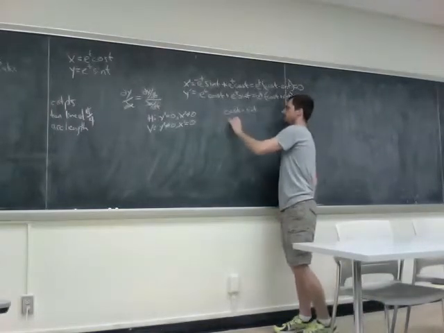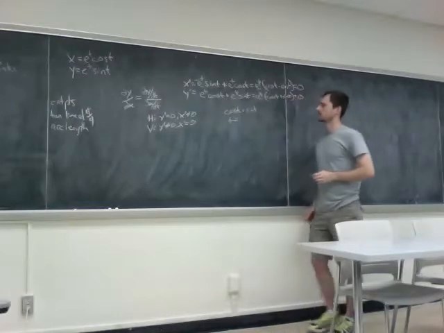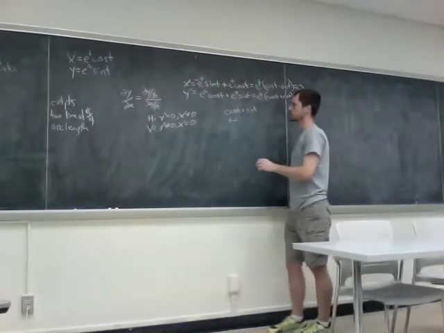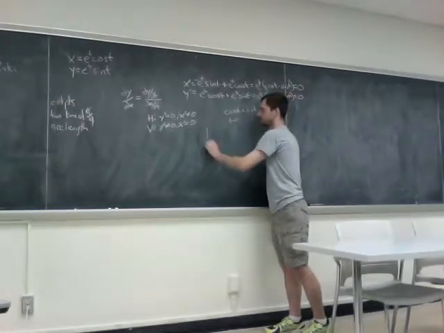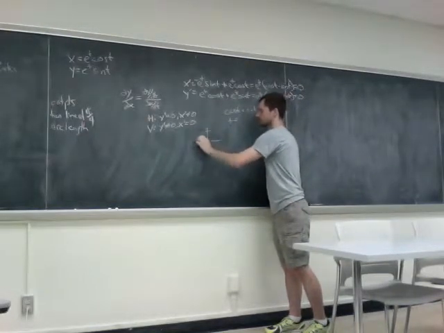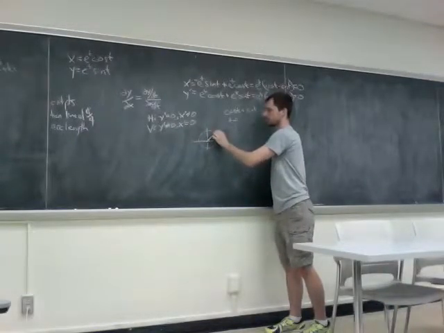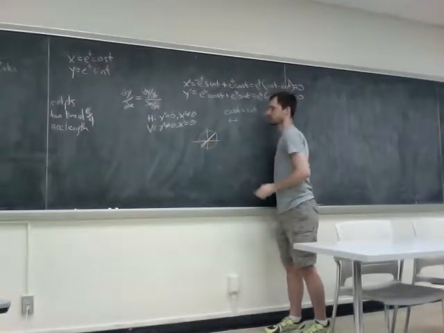So that's going to happen when, if we look at our unit circle kind of thing, 45 degrees that way when they're both positive, and this way when they're both negative.